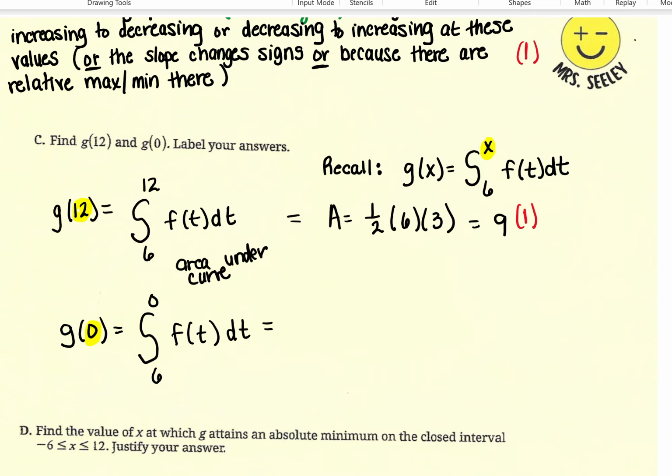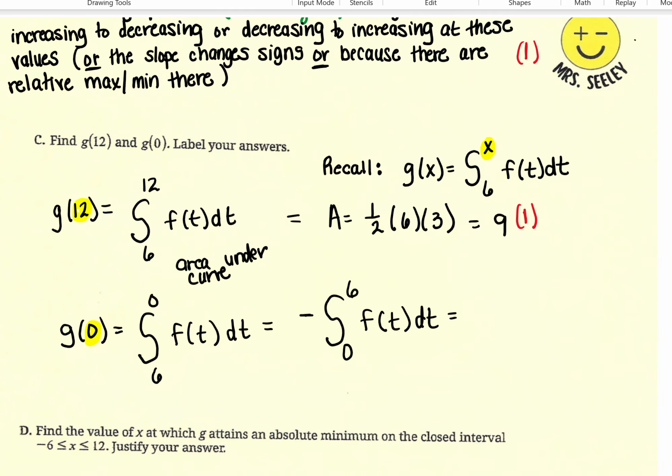Well, the first thing we need to do is recognize that our limits of integration are out of order. You need to have the larger number here and the smaller number here. So let's rewrite it, but you know that when you rewrite something like that, you have to put a negative out front. And so now let's go look at our graph and find the area under the curves from 0 to 6.